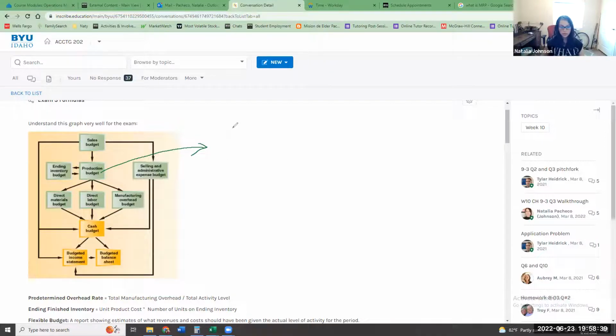So you start with the sales units and then you always add the ending, because you want to finish with a certain amount of units, so you need to make the units for sales plus the ending balance, and then you will have a total right here, and then you will always subtract the beginning. So try to remember that first add ending, then subtract beginning.